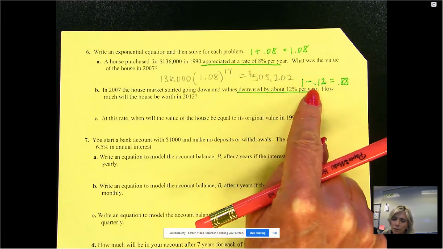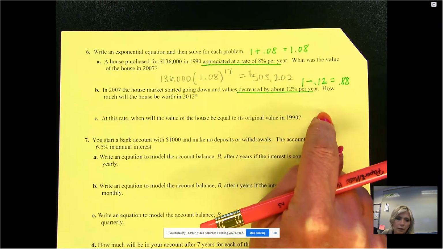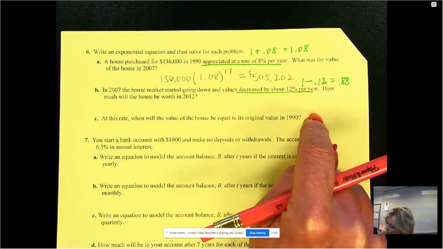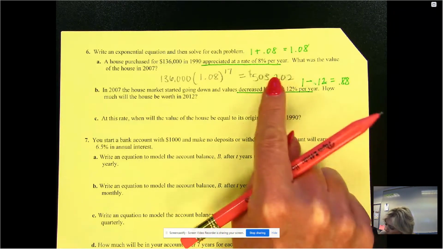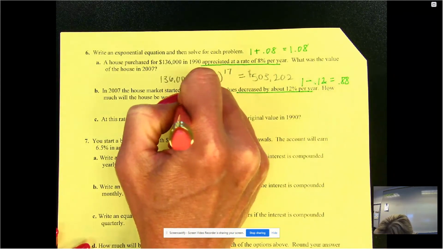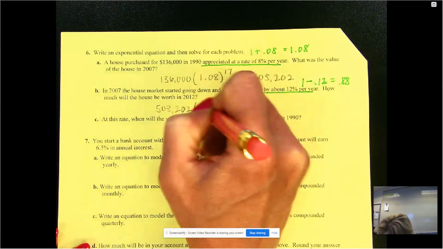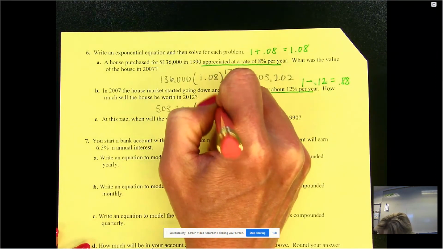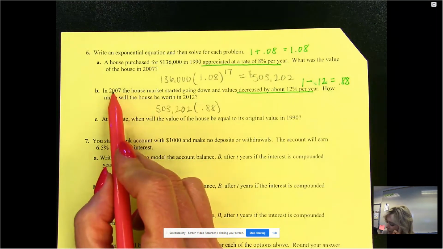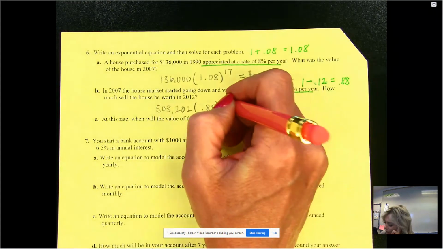If it's decreasing, we subtract the percent from 1. How much will the house be worth in 2012? So we're taking the value in 2007 and then multiplying it by 0.88. Our exponent is now going to be 5 because 5 years from 2007 to 2012.